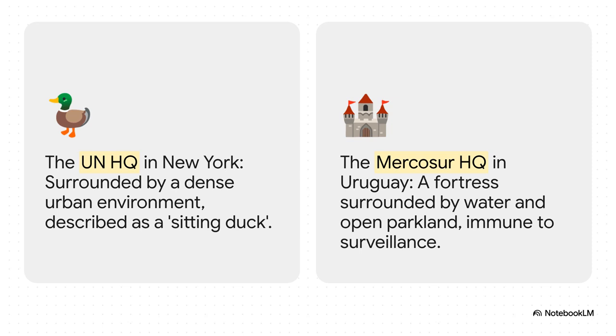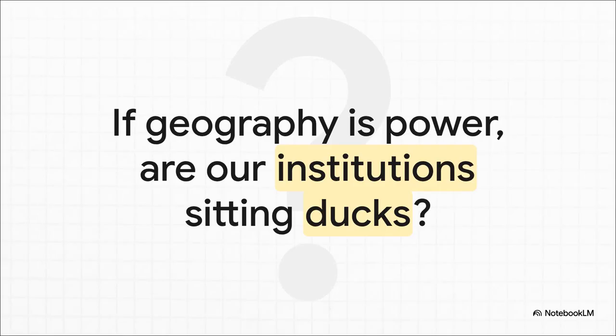This is presented as a perfect example of the network's security doctrine in action. So that leaves us with this final, pretty heavy thought. The source material is essentially arguing that if control over physical geography is the ultimate defense in our modern, surveilled world, then are our most important global institutions, sitting right in the middle of dense cities, fundamentally insecure by their very design? It's definitely a provocative question to chew on.